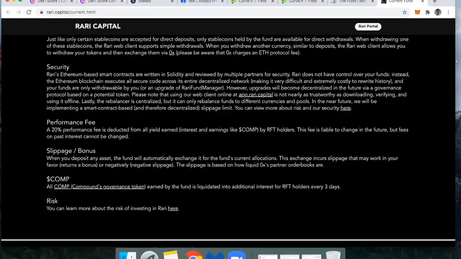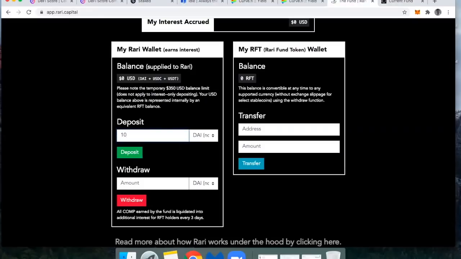So in due time, I'm hoping to see whether or not RARI is able to outperform whether I had just left my DAI lending in a Compound pool. The last thing to note with RARI Capital is that they also attempt to maximize interest by potentially swapping the tokens that you deposit into their yield bouncer.